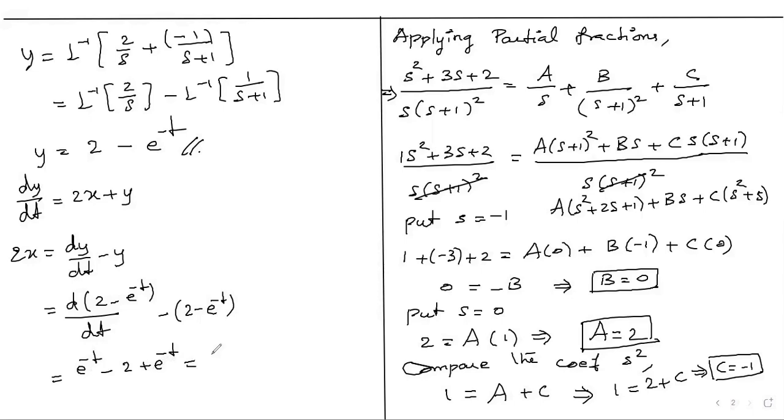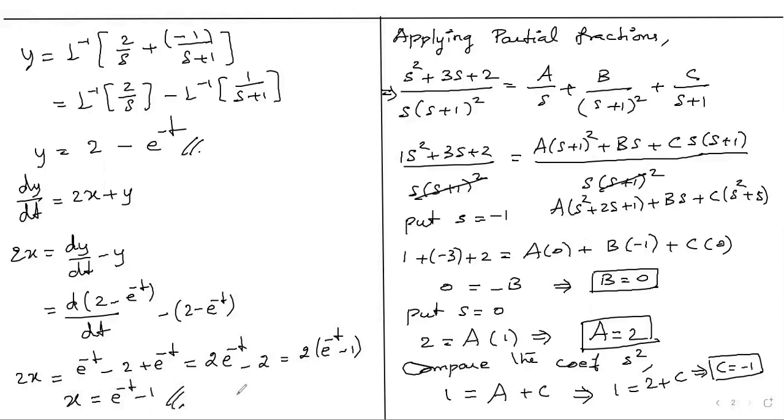We get 2 e to the power negative t minus 2, and you can take your 2 commonly outside. So the answer will be twice e to the power negative t minus 1. So here we have got 2x. So what happens? Our x equals e to the power negative t minus 1.